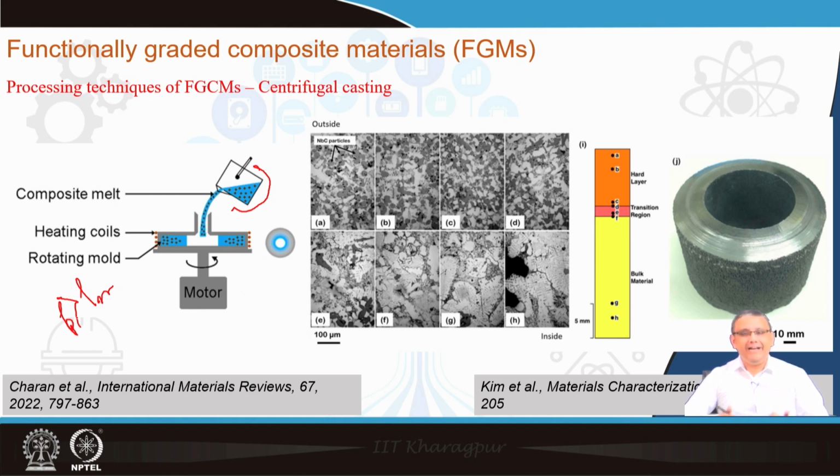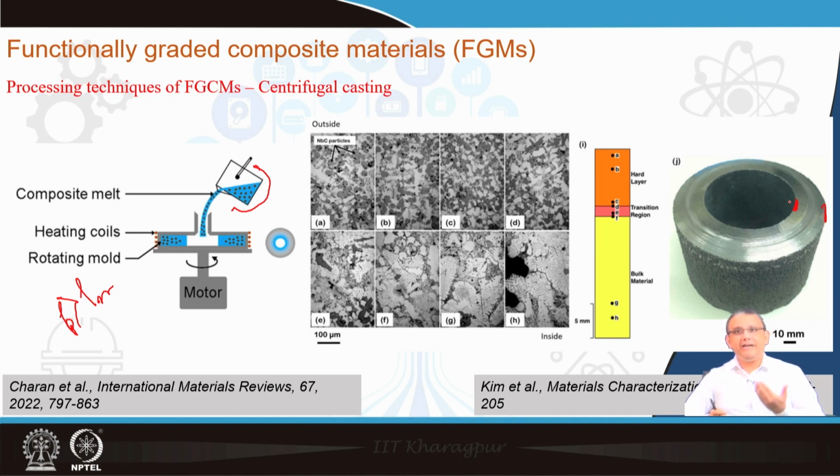As a result, whenever we use the centrifugal casting route for fabricating these FGMs, we always have higher reinforcement content on the outer surface, so these regions will be rich in ceramic content, and the inner surface will be devoid of these hard reinforcements.